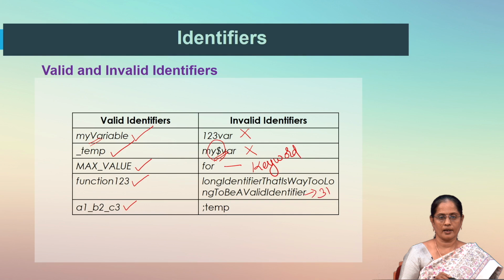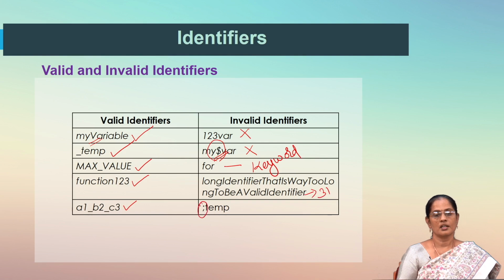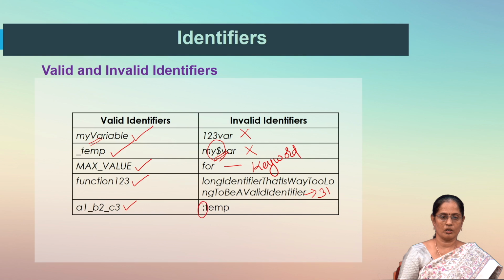So, it is not allowed. And in the fifth case, it includes a special symbol semicolon as the first character, which is again not allowed as a valid identifier. I hope you will be able to now understand how we are supposed to name an identifier and what the conventions are that we are supposed to follow.